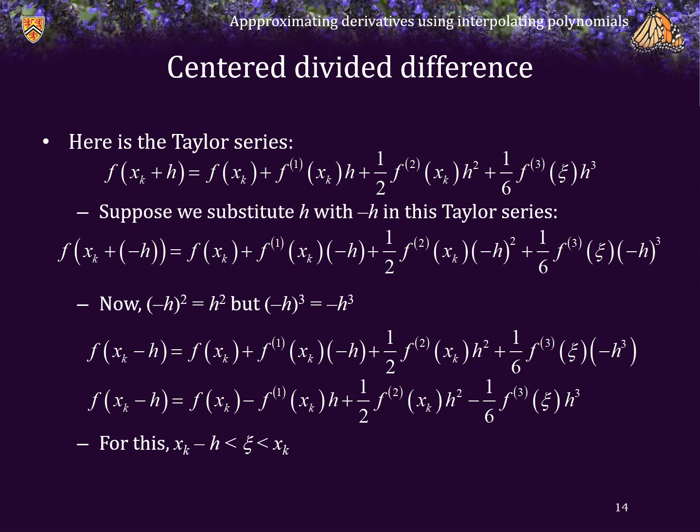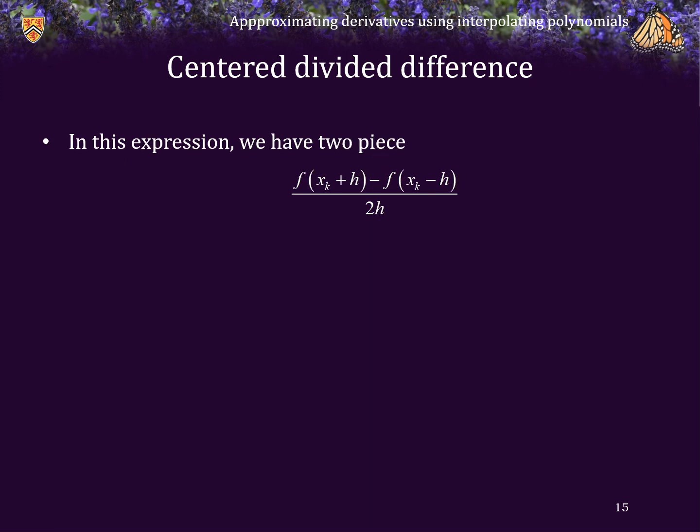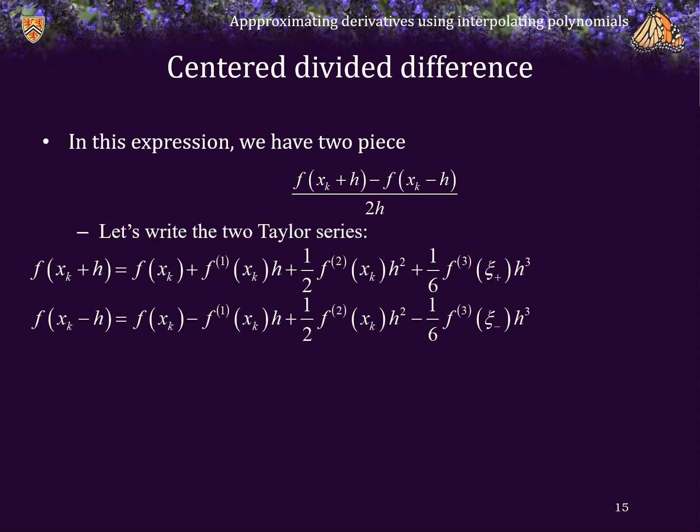All right, so now we have a Taylor series for f at x sub k plus h and a different Taylor series for f at x sub k minus h. All right, so this is our approximation of the derivative. Let's write down those two Taylor series.